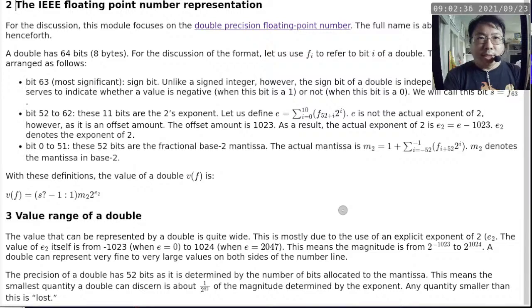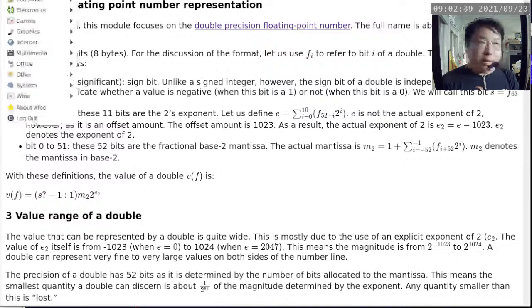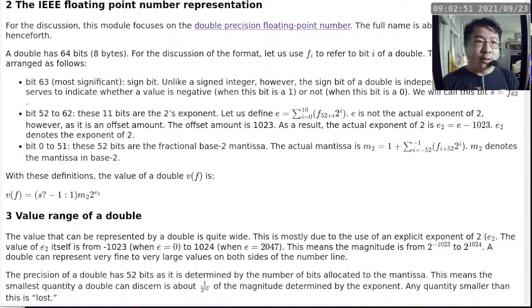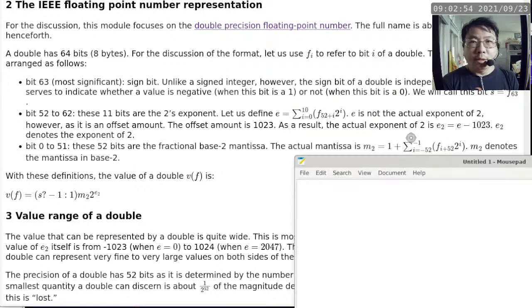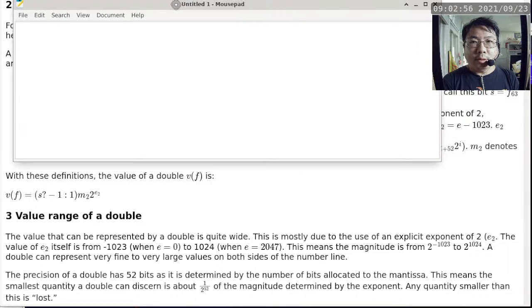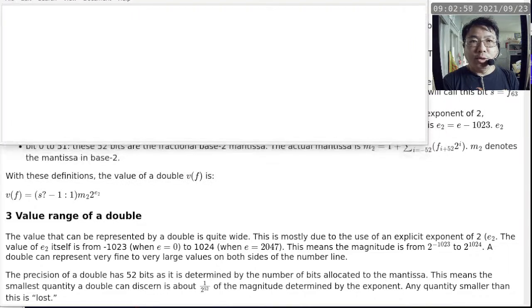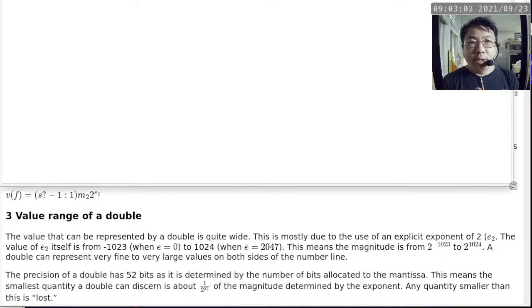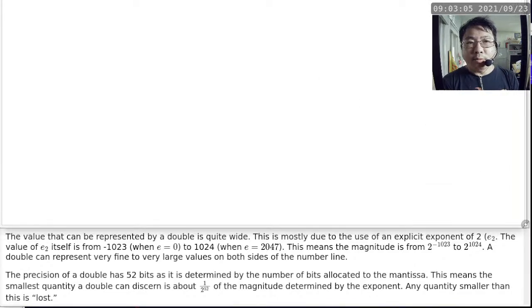So we'll start with an example, and I'm going to use Notepad for these examples, just because I don't need special mathematical symbols for the most part. So here is what is equivalent to Notepad in my Linux installation. And this is one of the very few parts where Logisim is not needed.